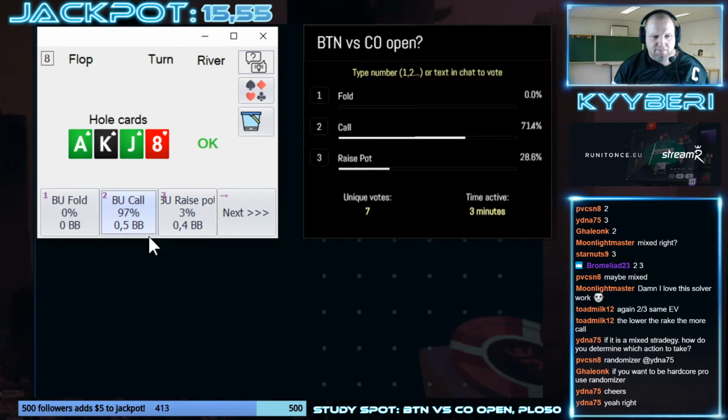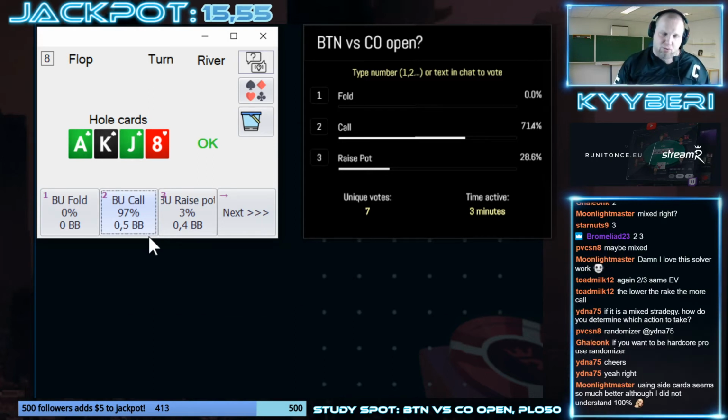Because even if you always call with the hand, or you always 3-bet the hand, for the opponent to get into showdown in that cutoff versus button situation where you 3-bet ace, queen, jack, 8, for him to even have the suitable information to know you are slightly unbalanced, it would require, I don't know, millions of hands.